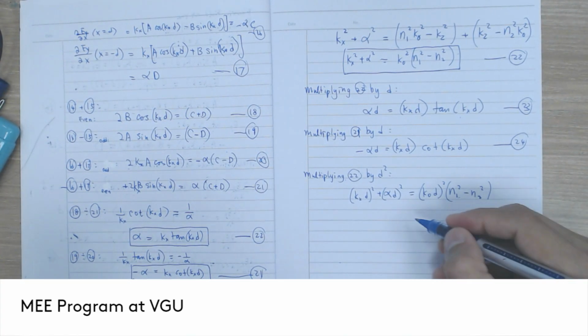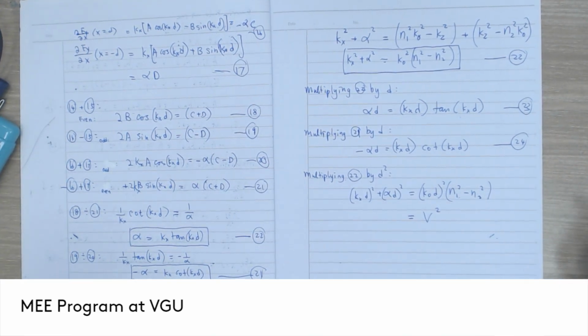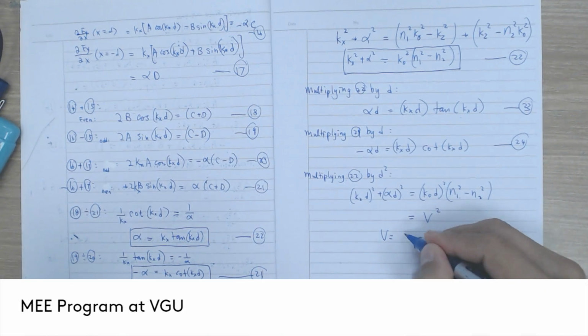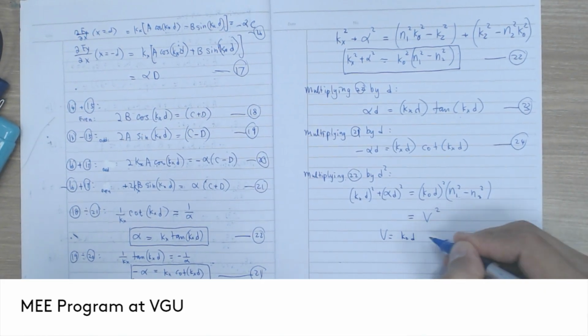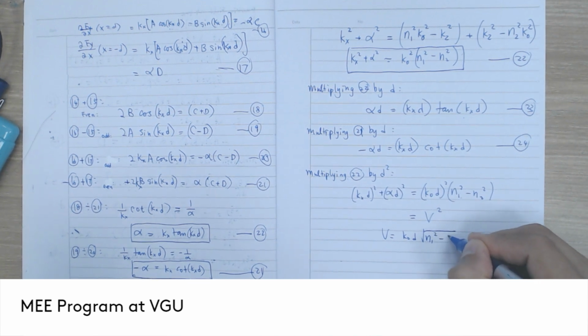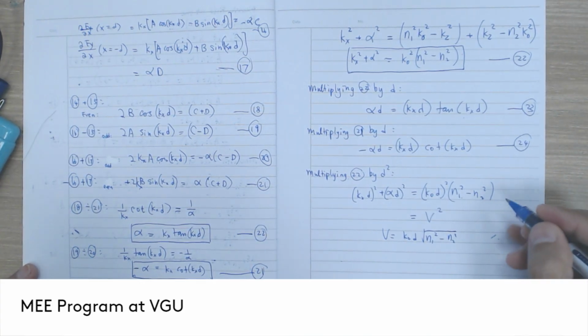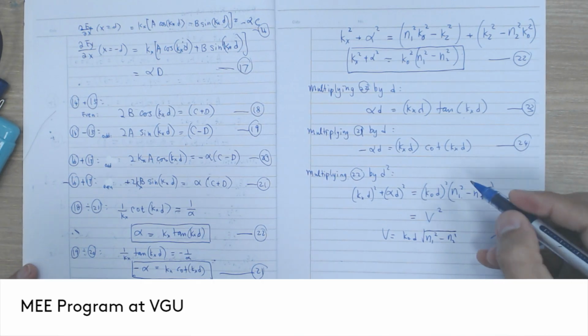This is the so-called V number squared, where V is k naught d times the square root of n1 squared minus n2 squared. And this is the important characteristic equation.